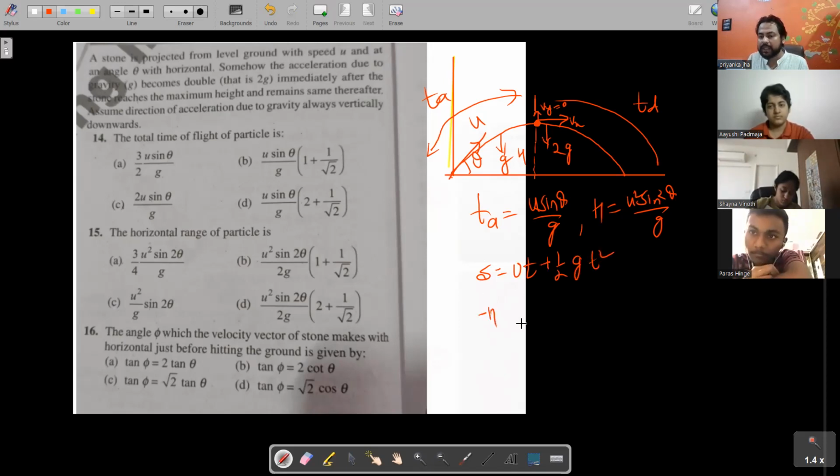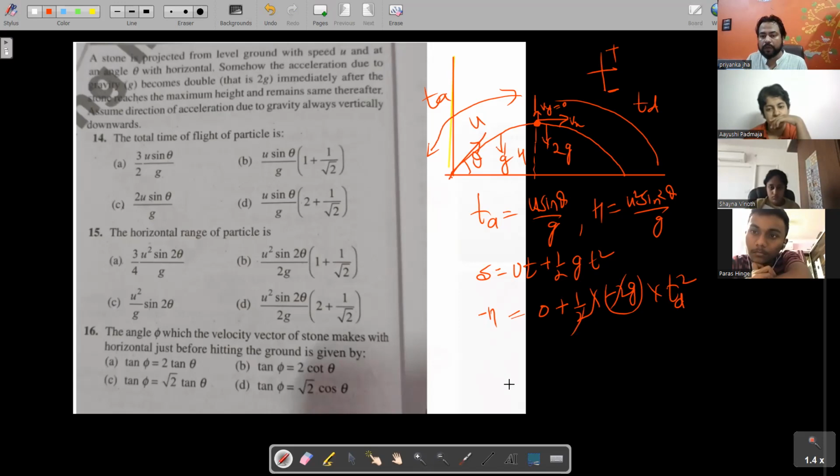So s is minus h, u is 0, because here the initial vertical component of the velocity is 0. So this is 0 plus half. And this acceleration always acts downward. So now this g is not actually g. This is 2g and that is downward. So minus 2g. Suppose I am taking upward positive, downward negative, into t square, that is td square.